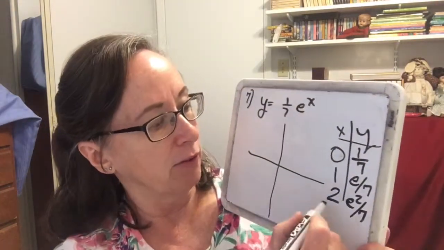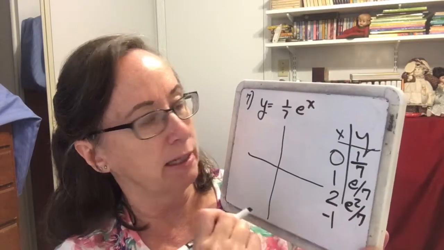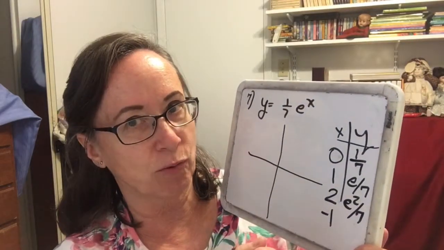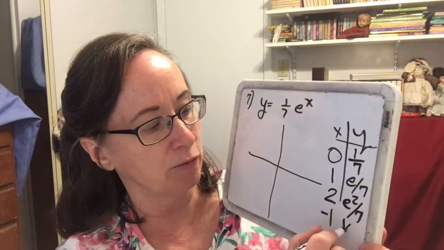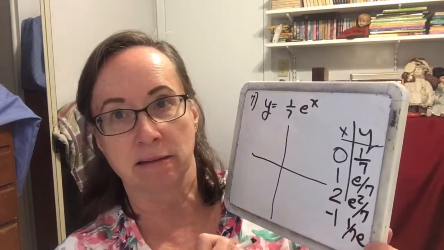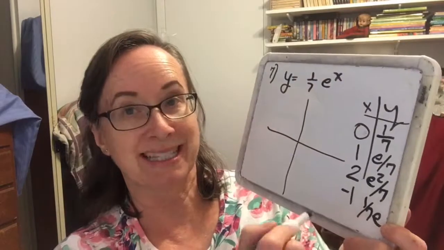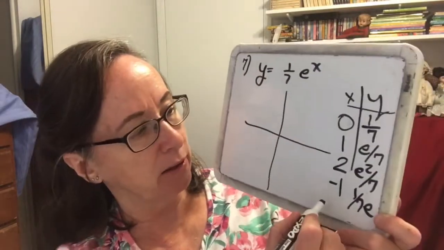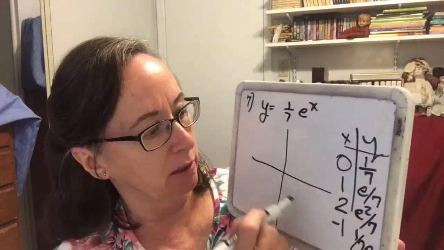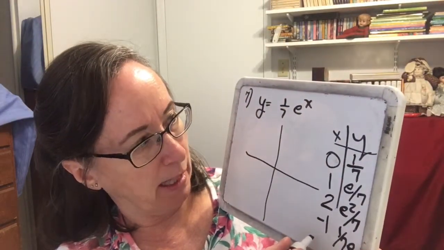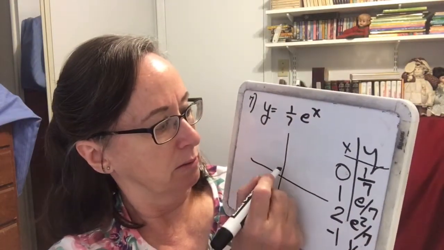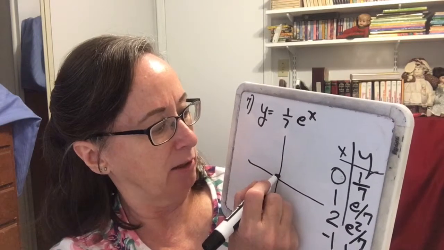Okay, then on the other side, we plug in a -1. We're going to have e to the -1 divided by 7, which is going to be 1 over 7 times e. Okay, so 1 over 7 and e are in the denominator, and it's just going to keep on going like that. So this one is going to be our normal like this, but it's going to stay close to the axis.